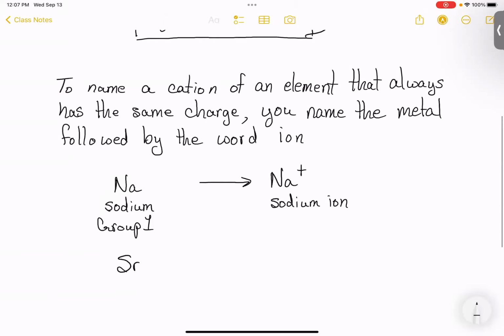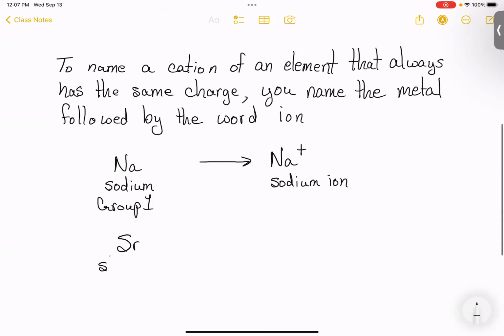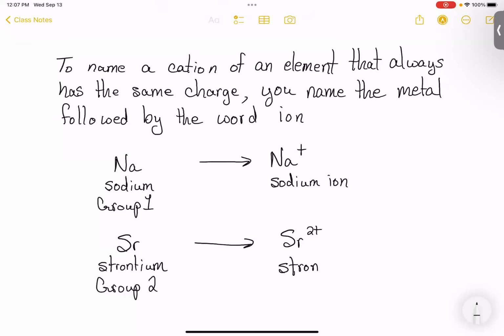Strontium is in group 2. Group 2 always forms a +2 cation. Because it always forms the same charge, Sr2+ is strontium ion.